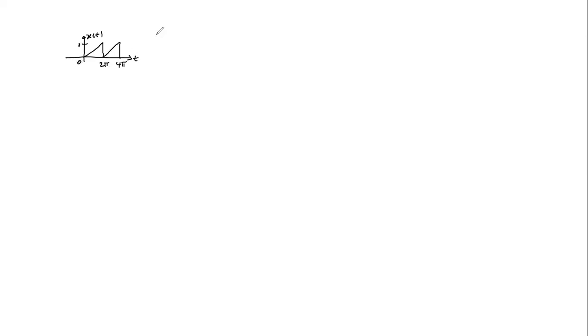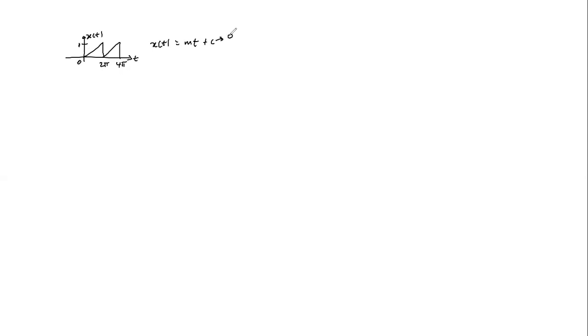So from here, using the equation of a straight line, y is s of t, right? So we have s of t is the same as mt plus c, but here the intercept is 0.